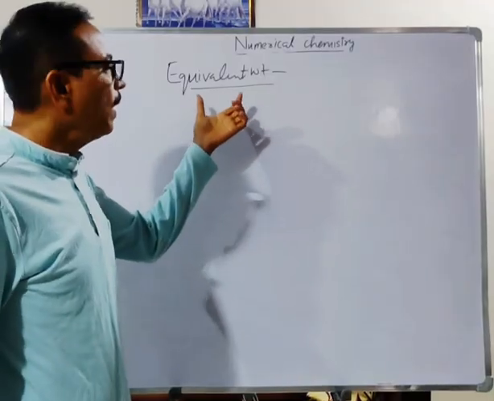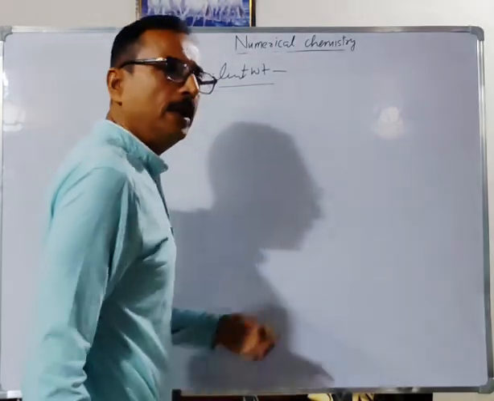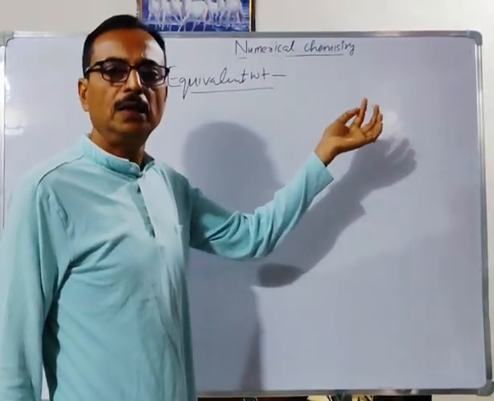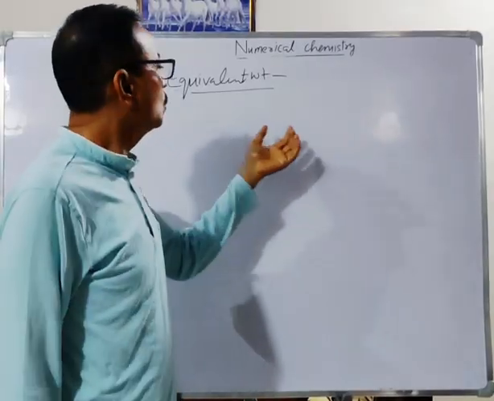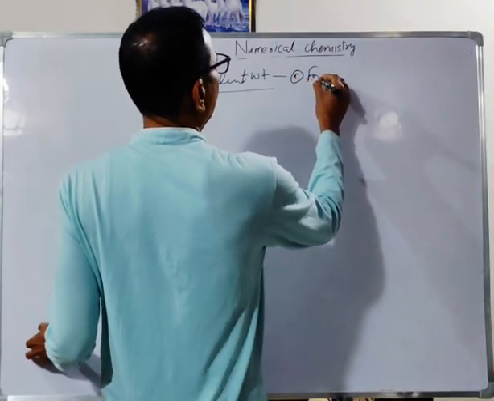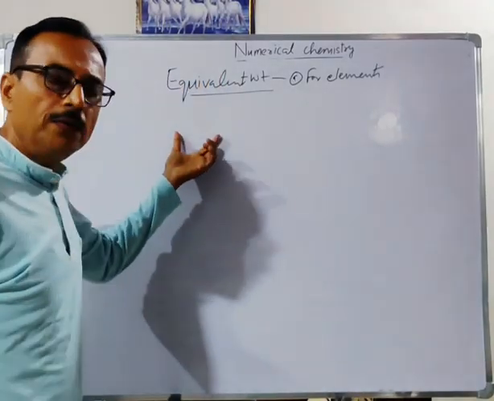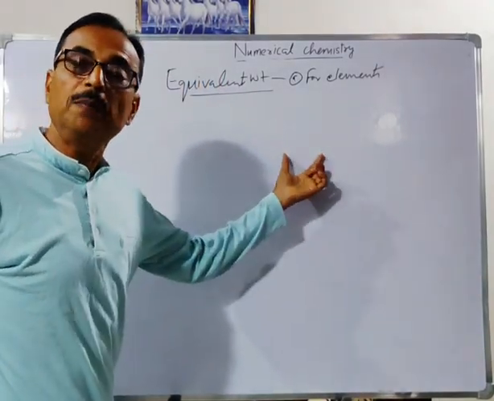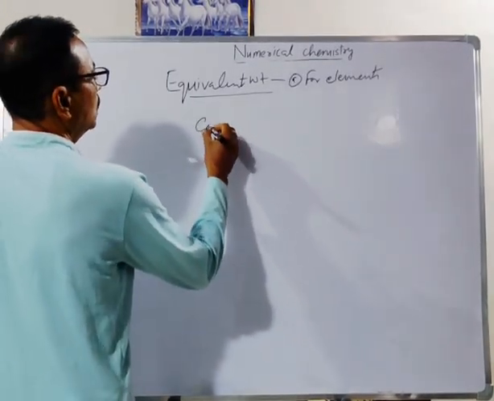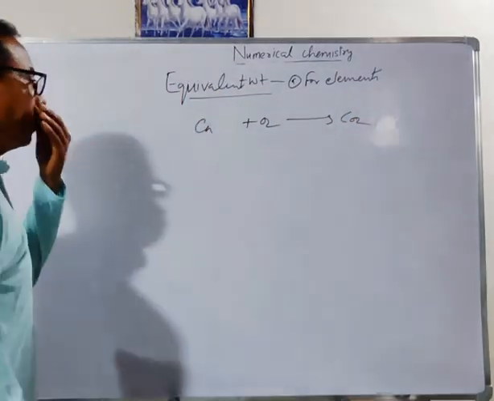There are so many methods to calculate the equivalent weight of an element, salt, acid, base, redox compound. So we start from the equivalent weight of an element. For an element, equivalent weight is the weight which participates in the reaction. Suppose the reaction is Ca plus O2 gives CaO.